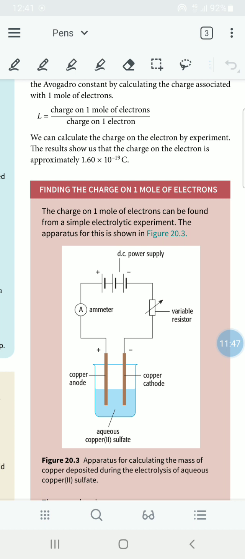Number 1, the constant current that was provided throughout the experiment. Number 2, the time through which the current was provided. Next point, third one, the reduction of the mass of the anode.